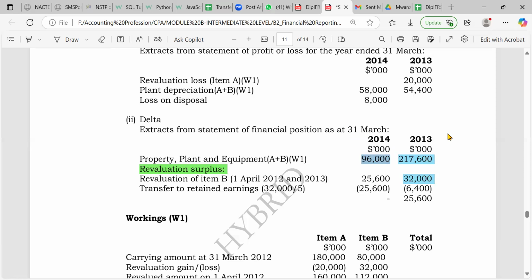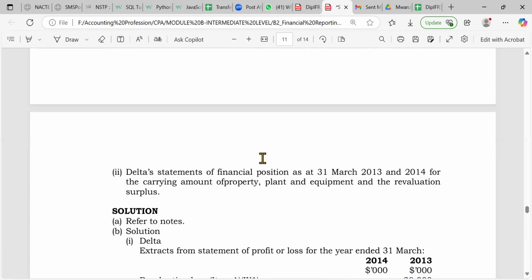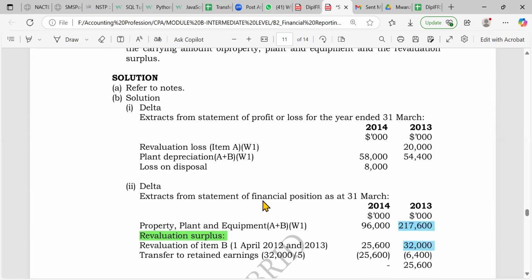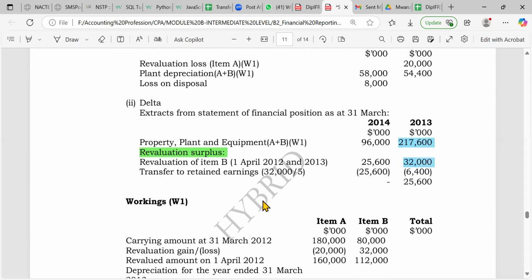Do you remember what we had to do? At the end of 2013, we transferred. Let me remind you something here. You do the annual transfer. At the end of each year, you transfer. That's 6,400, right? So this is what you would have done. In the first year, you will have transferred how much? 6,400.